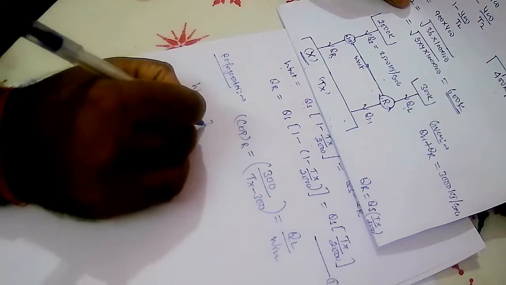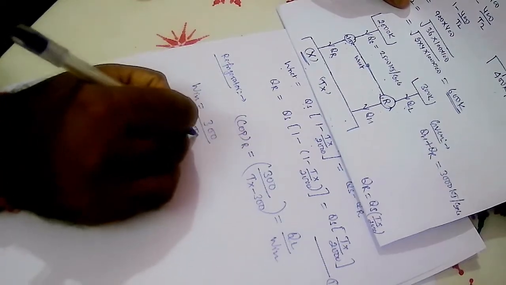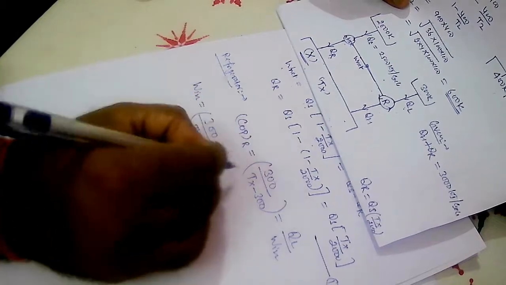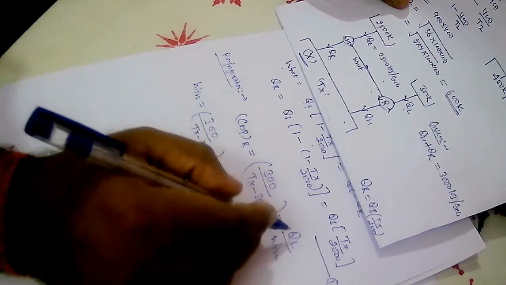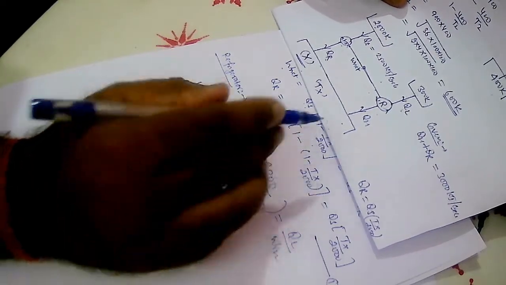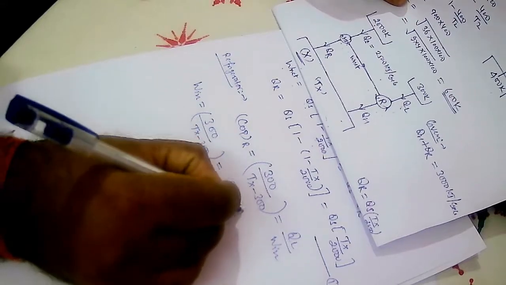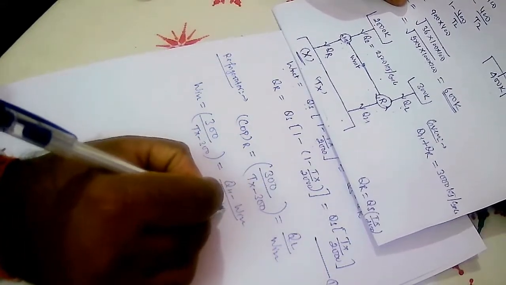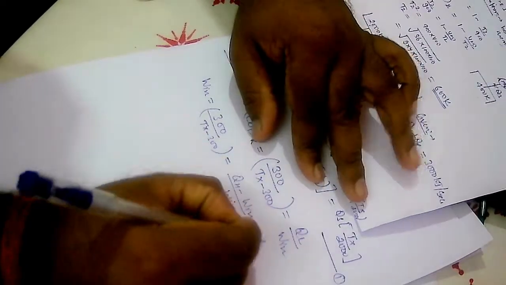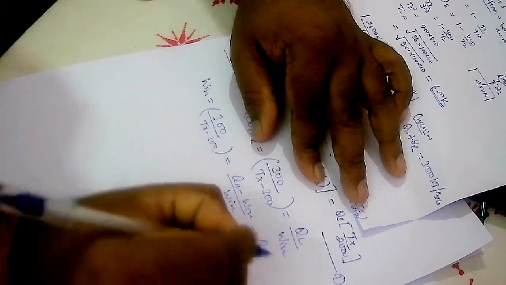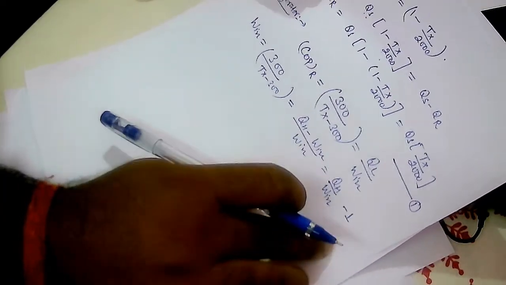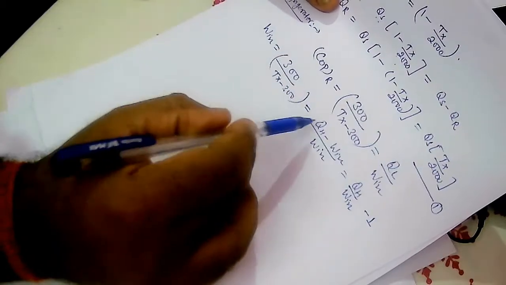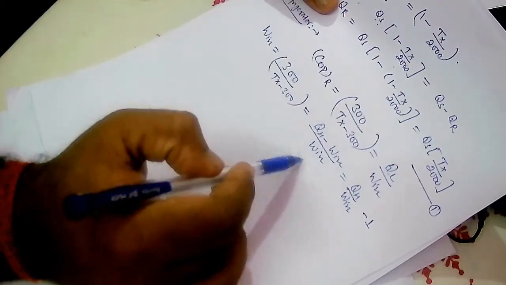So this as it is, you write 300 divided by Tx minus 300 is equal to QL, which is QH minus W input, divided by W input. So you can write this as QH divided by W input minus 1.